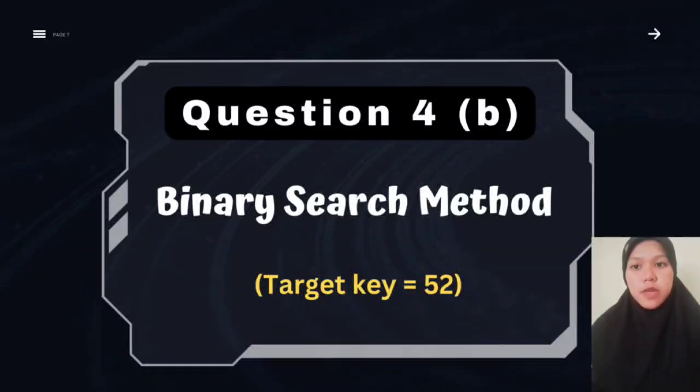Binary search, a fast method to find a specific item in a sorted list by repeatedly dividing the search interval in half. How it works: first, start with 2 pointers, one at the beginning low and one at the end high of the list. Calculate the middle index. Next, compare the middle element with the target value.